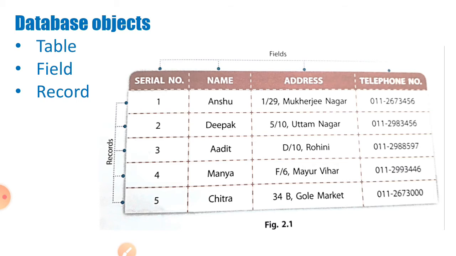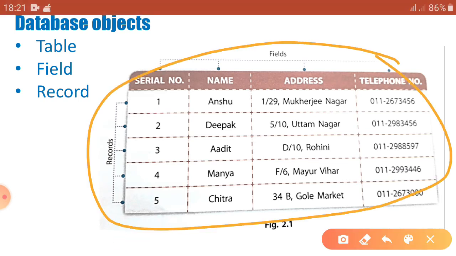Now the basic concept is, what are the database objects? Actually, data in a database is organized in tables. Here are the tables, look at it carefully, and the data in this database is already organized. A single database file can contain one or more tables. Got it?